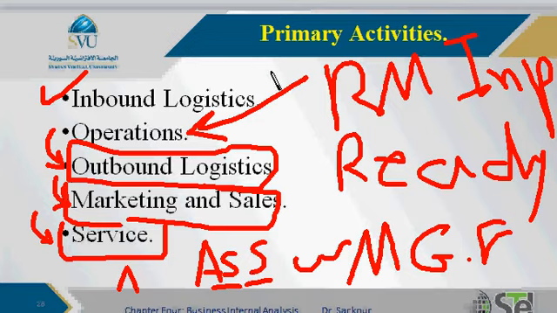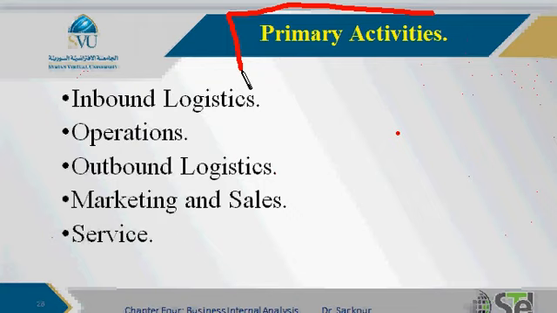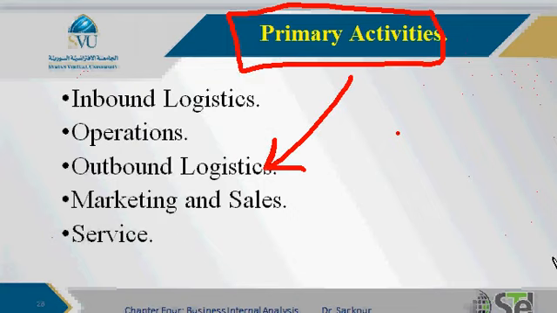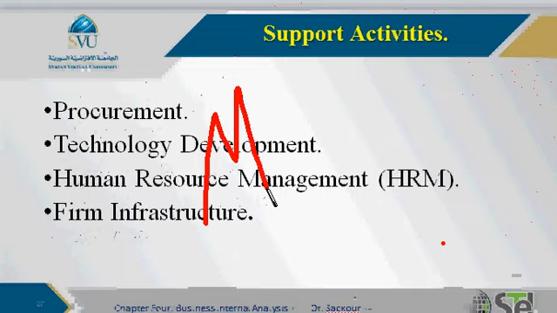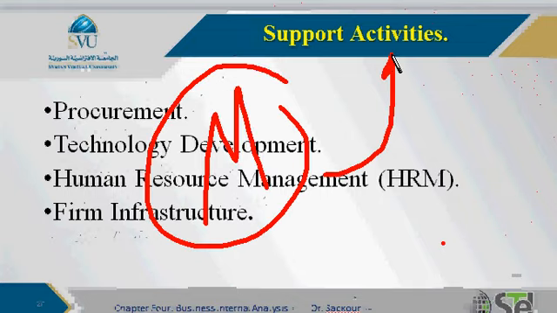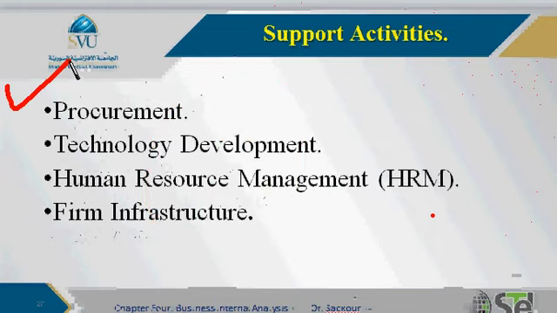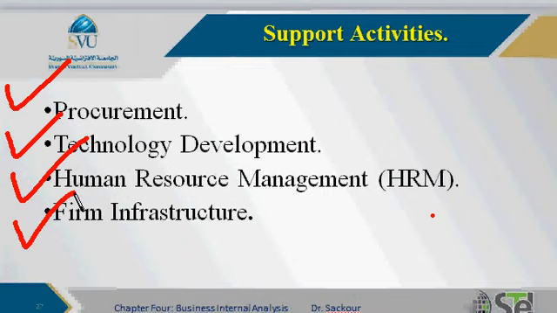So all this we call primary activities. And support activities, as you can see, are procurement, technology and development, human resources, and firm infrastructure, all these managerial issues that support our activities.